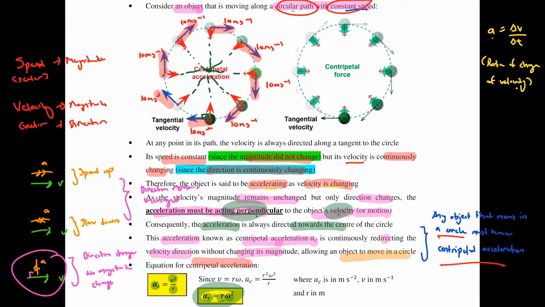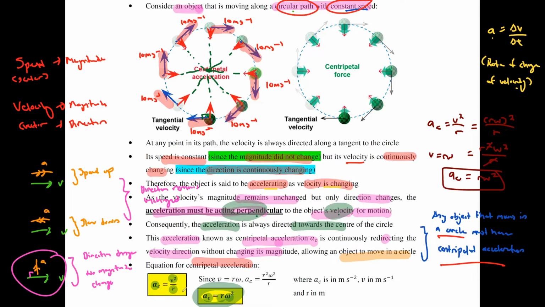It's because of the relation v equals r omega that you learned before. If I tell you that a_c is v squared over r, but at the same time, we know that v is r omega, you will get r omega squared, divided by r. The r will cancel off, giving you r omega squared. That's why we can say that a_c is also r omega squared.